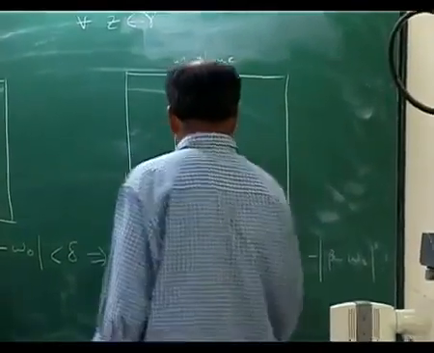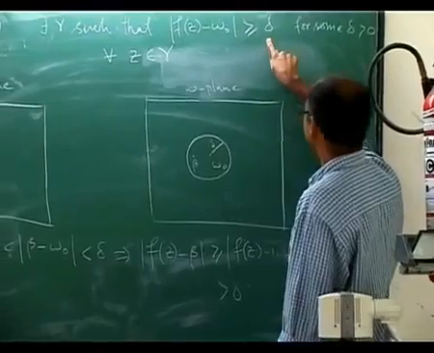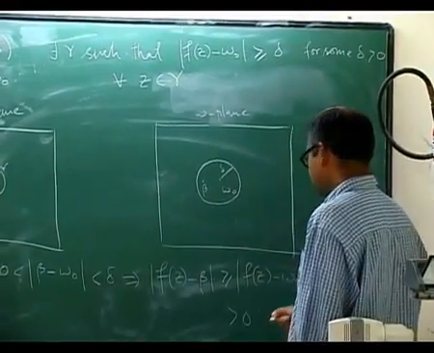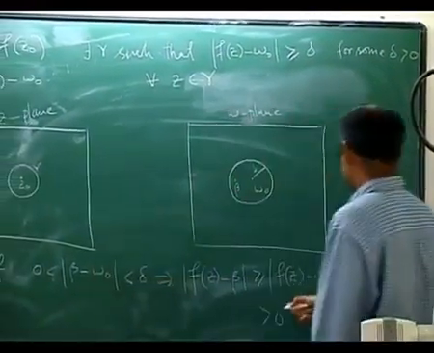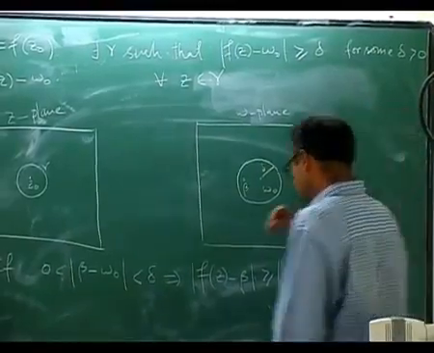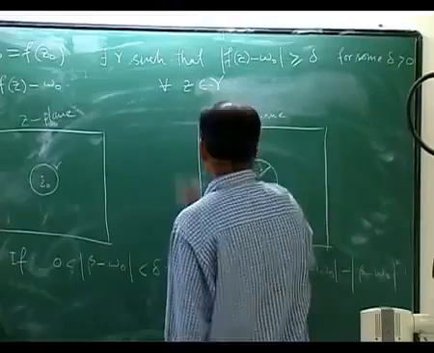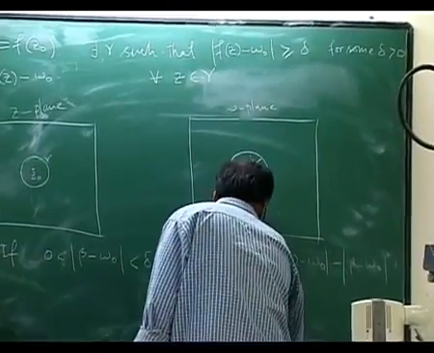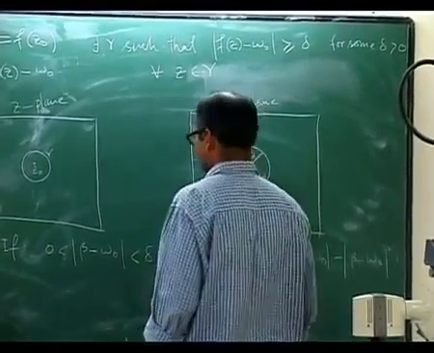Which is positive, because the first is more than delta and this is less than delta. So this is positive for all z on the curve.